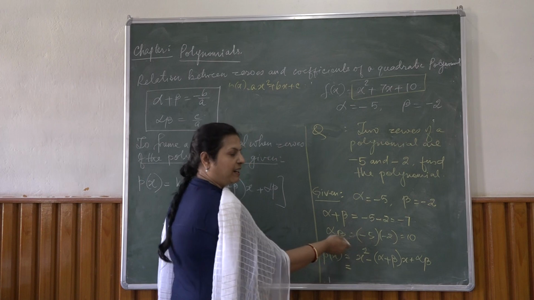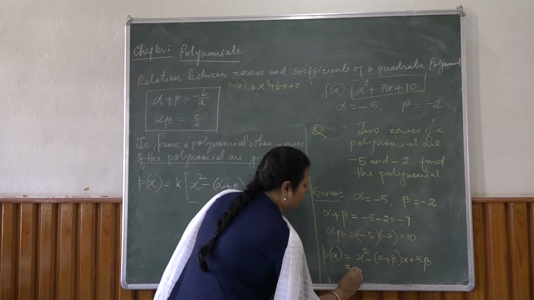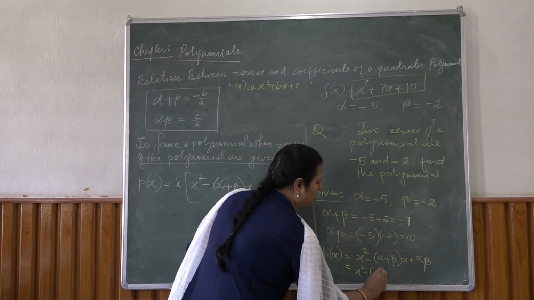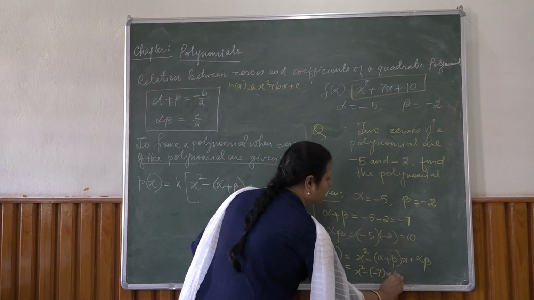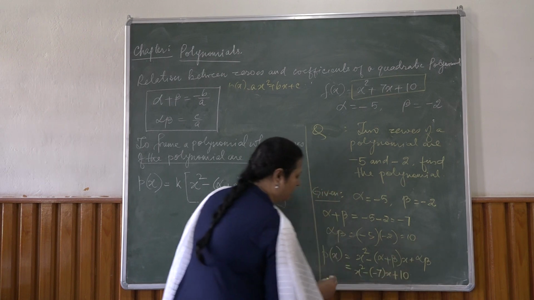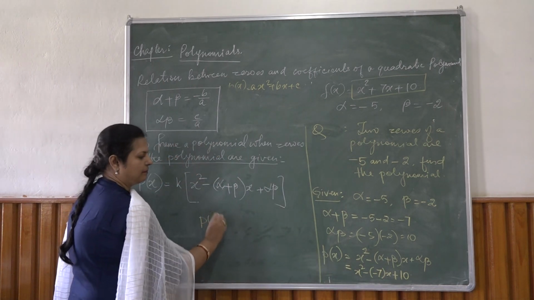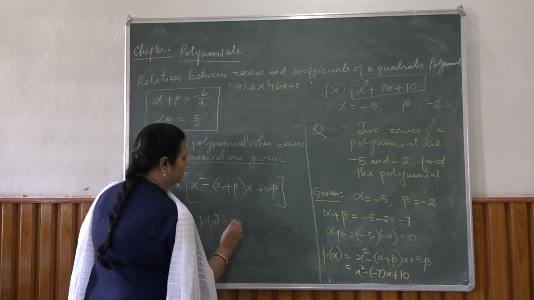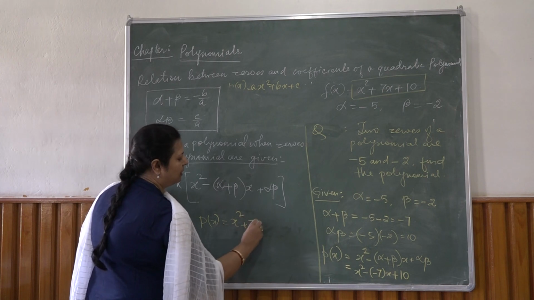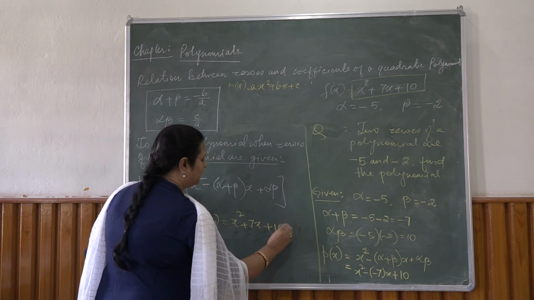Now substitute the values which you already have. So we can have it as x square minus of minus 7x plus 10. So what is the polynomial? I am writing it here. The polynomial which you get is x square plus 7x plus 10.